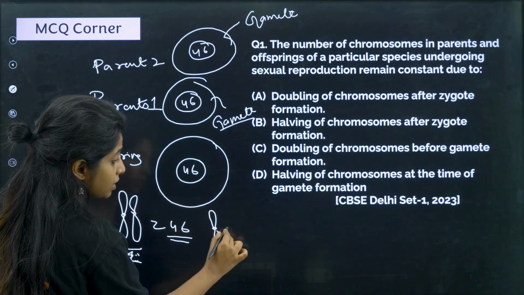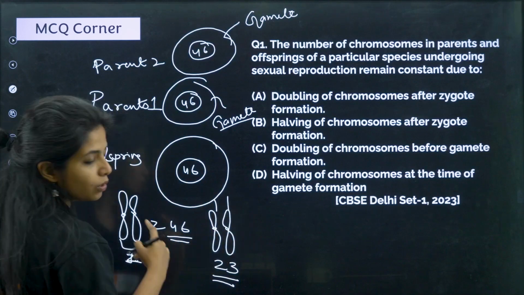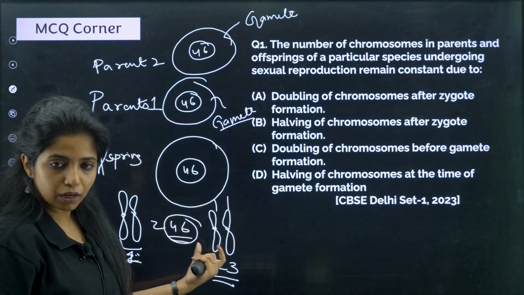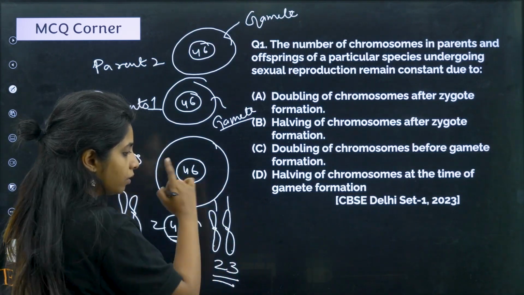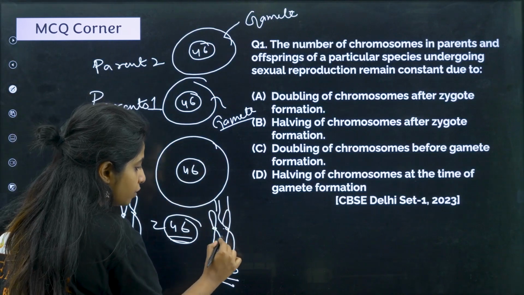But if we talk about pairs, how many pairs do you have, children? 23 pairs. In each pair there are 2 chromosomes, right? So individually, if we count 1, 2, then 3, 4, then 5, 6, we have 46 of them.